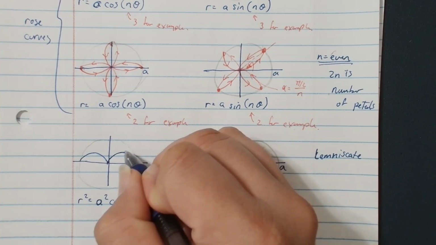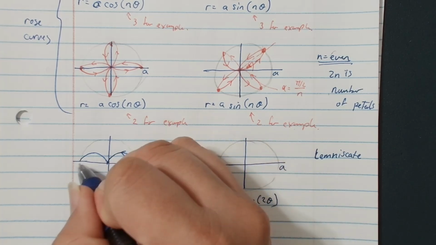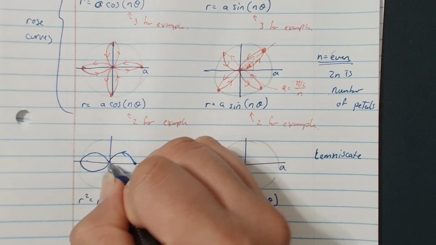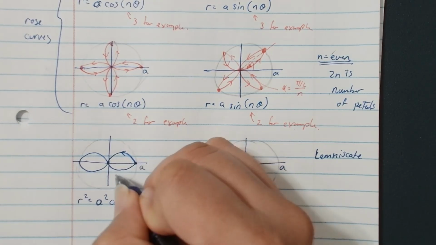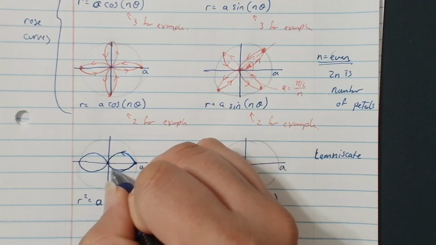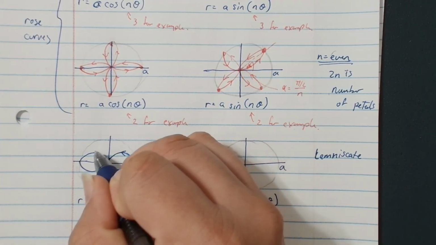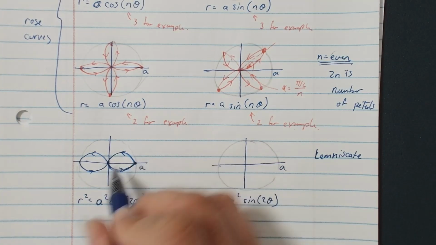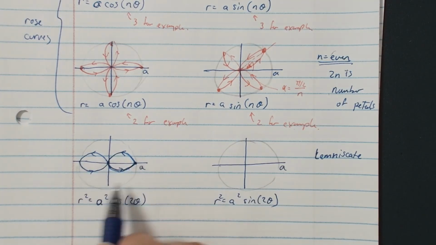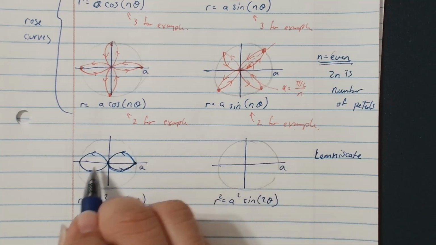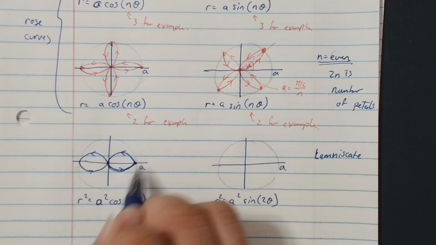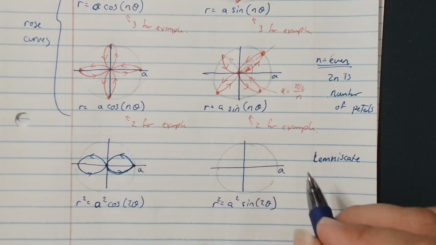So it starts from here, kind of goes all the way to the left, and then it comes back all the way to the right. And here my graph is a little lopsided, but it is meant to be symmetric. The left side and the right side should look exactly the same, even though mine looks a little bit bigger over here. But it's a figure 8, or like an infinity symbol.